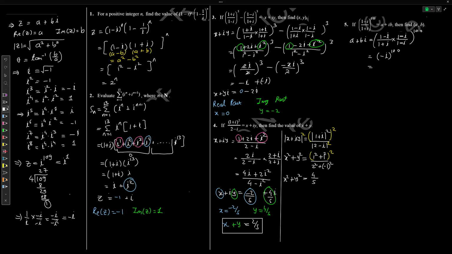Minus i raised to 100 means i raised to 100, or we can say 1. So by comparing real parts we will get a equal to 1 and b equal to 0.